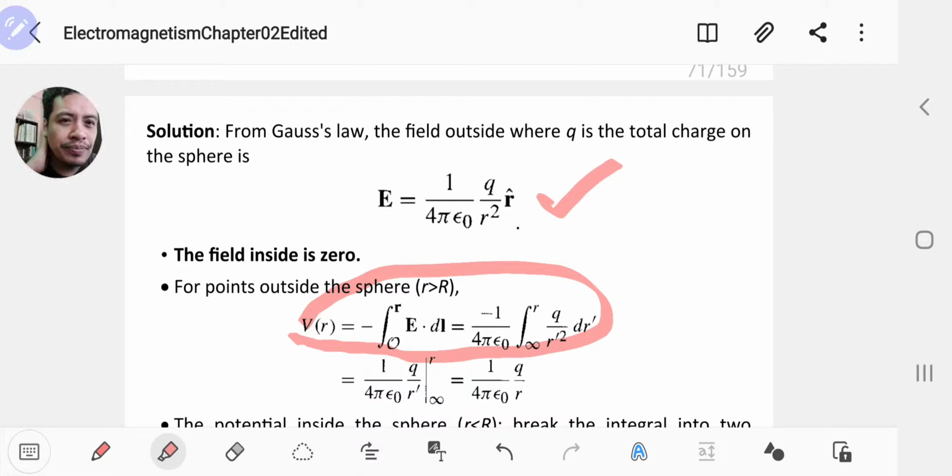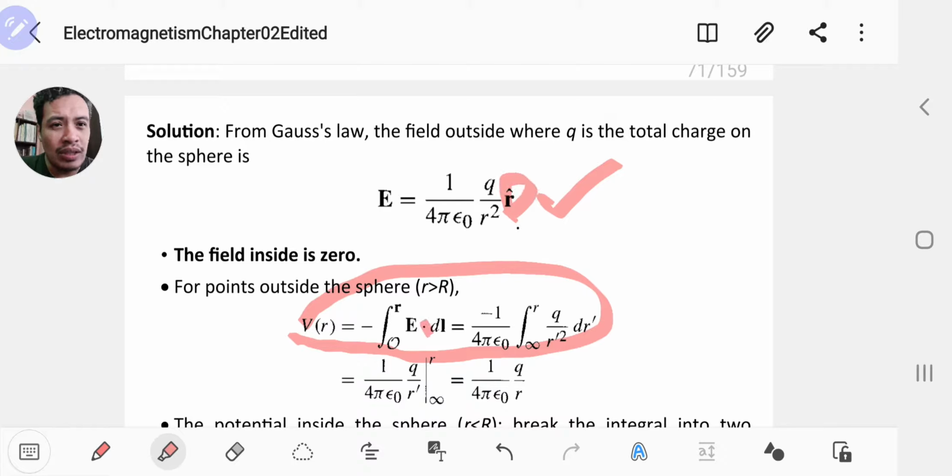But the dl, as we discussed in the previous lecture, would be dr r hat plus r d theta theta hat plus r sine theta d phi phi hat.